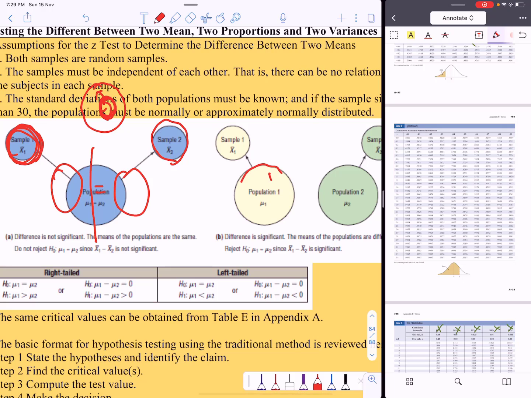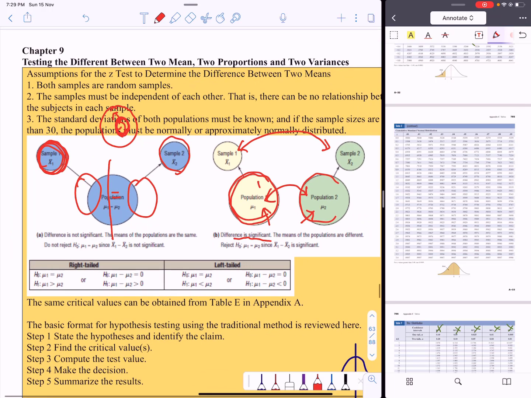But if they are not equal, they are significantly different from one population to another. That is what we are going to learn in chapter 9. That is the basic understanding of the difference between chapter 8 and chapter 9.